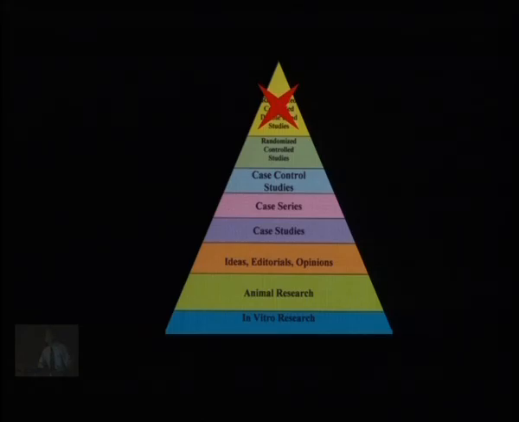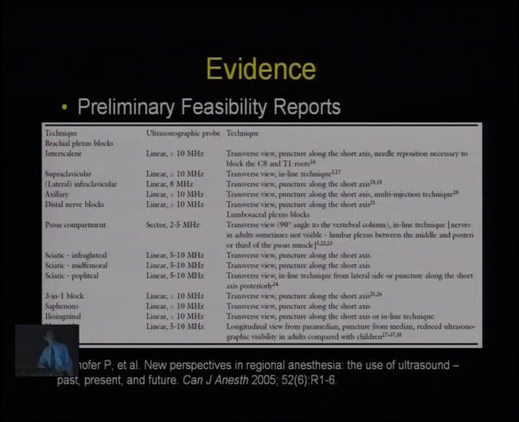There are some randomized control studies, some case series, and quite a number of isolated case reports. So in terms of evidence, the most basic is the preliminary feasibility studies.